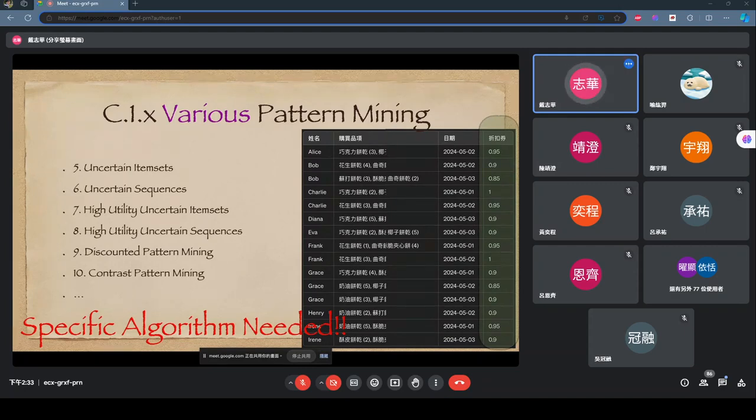to mine patterns, for different patterns we involve different algorithms. You mine item sets, you need an item set mining algorithm. You define the pattern as sequential, you need a sequential pattern mining algorithm.